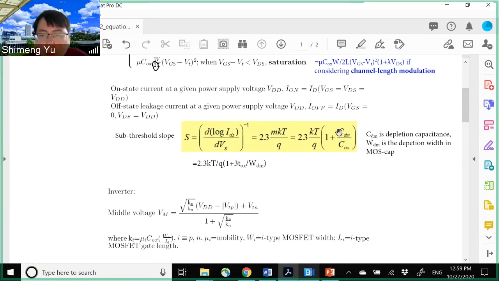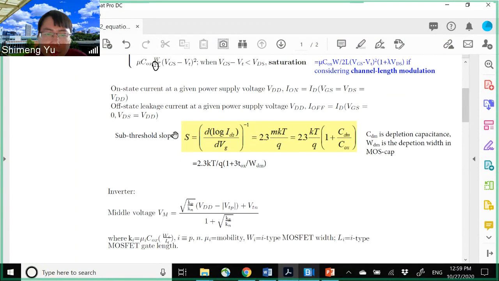So if you use the ratio of the capacitances, you can make it a ratio of those distances, TOX and WDM. The factor of 3 here is the dielectric constant ratio, or relative permittivity ratio, between silicon dioxide and silicon. COX is oxide, so the permittivity is 4, and for the depletion capacitance, silicon permittivity is 12, so the ratio is 3.